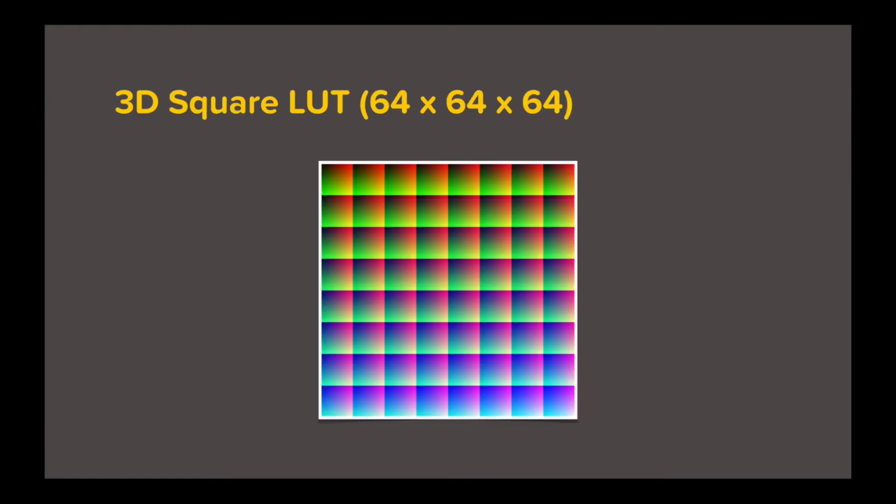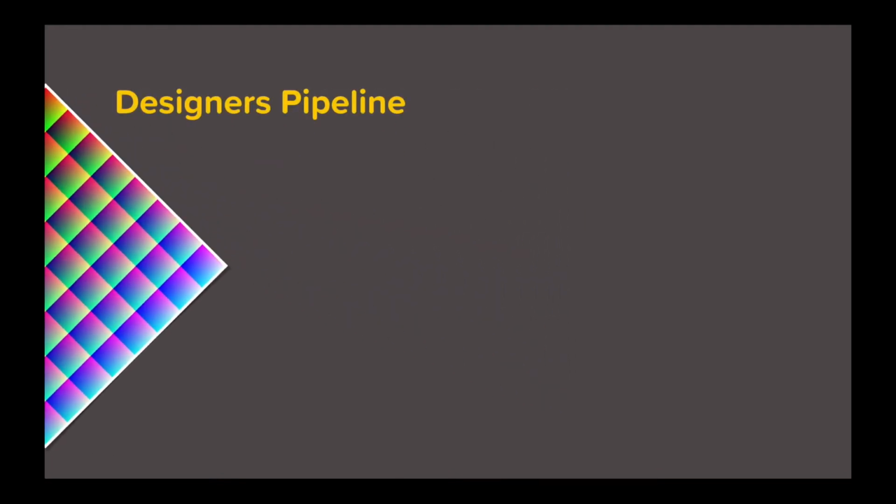So this is how our 3D square LUT image looks. In order to understand what all these boxes are, let us have a look at this 3D LUT in more detail later on. But for now, let's understand how this 3D LUT image fits in the designer's pipeline.